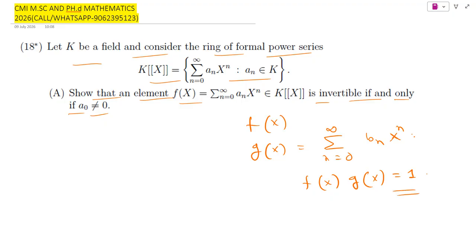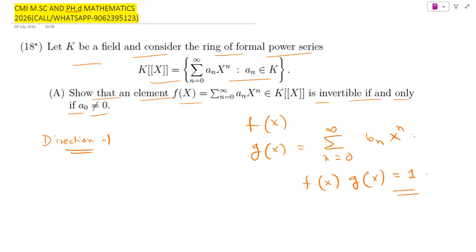So our goal is to prove both the directions. First, direction 1. That is, if f(x) is invertible, then a0 is not equal to 0.